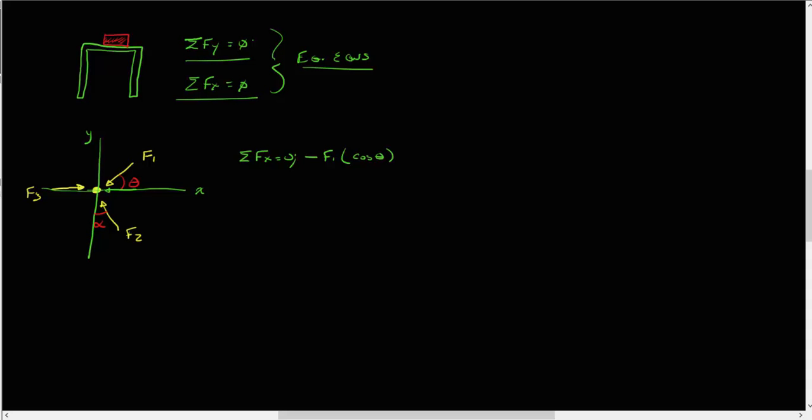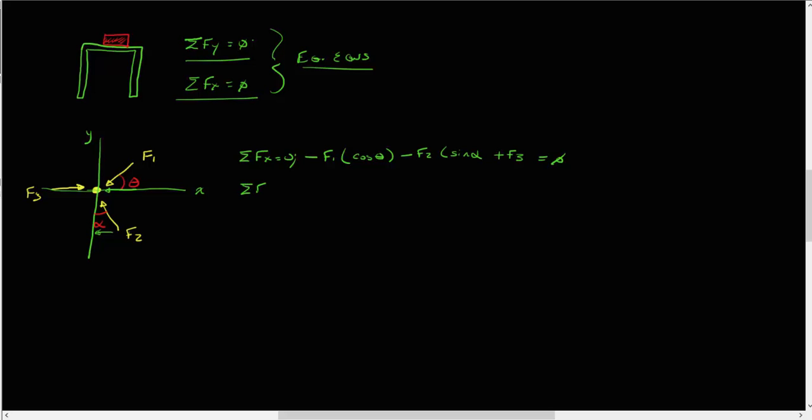F2 is also going in the negative direction, but this is going to be sine. Remember, this would be opposite, so this would be alpha. It's going to be minus F2 sine alpha. And then F3 is in the positive direction, so we're saying plus F3. All of this is equal to 0.